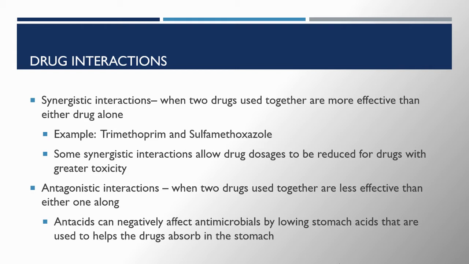If a drug is absorbed in the stomach, it needs a specific acidity for that to happen. So we have to know not only how drugs will interact with each other, but what is the patient taking? What other medications are they taking, including over the counter?